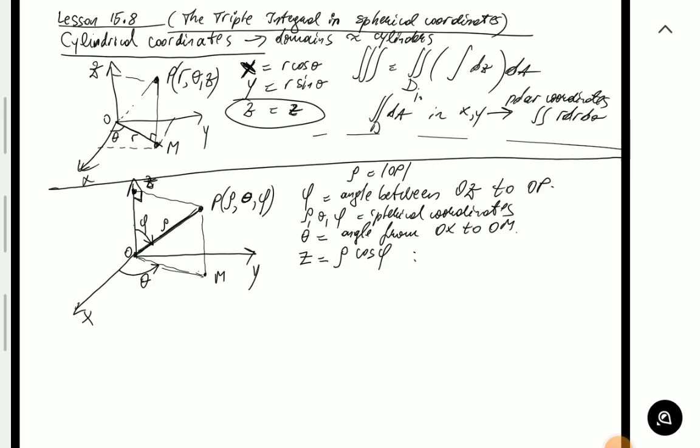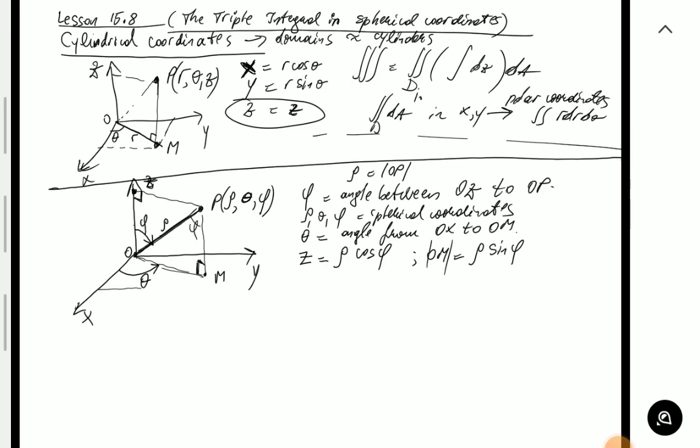The projection OM is the opposite to phi in the right triangle, okay? So these angles are equal, right, on both sides of OP. You have a 90 degrees angle at M, and OM is going to be the opposite of phi. So the length of OM is going to be, again, the hypotenuse rho sine of phi.